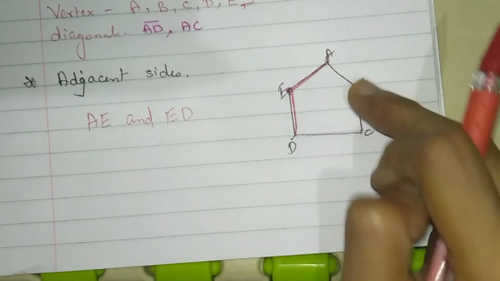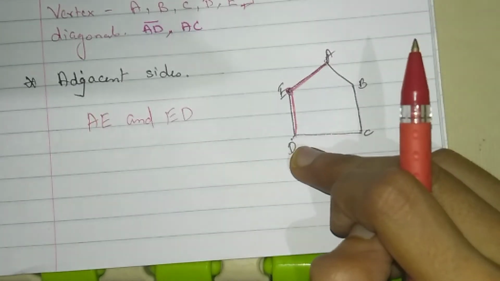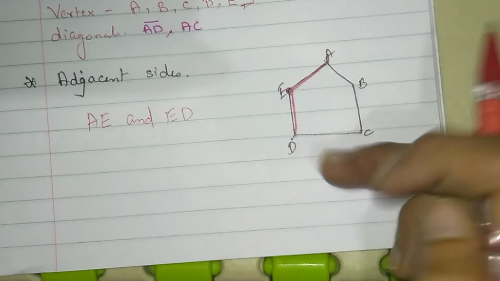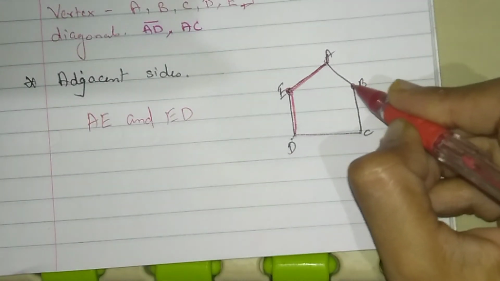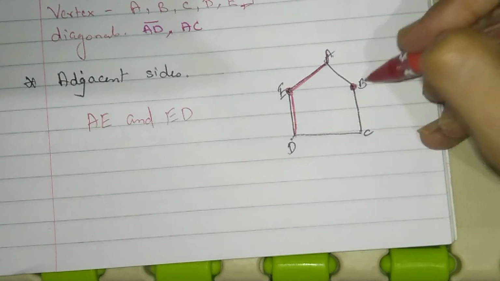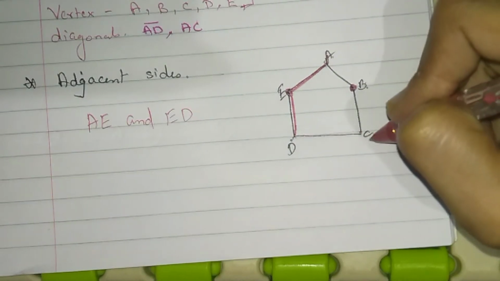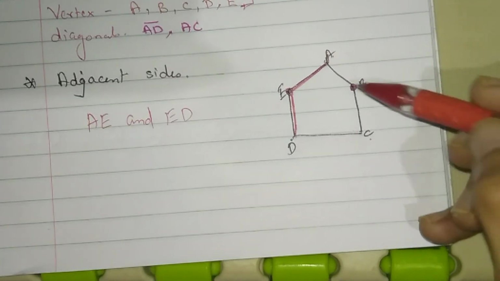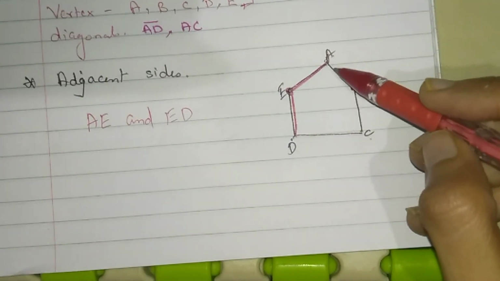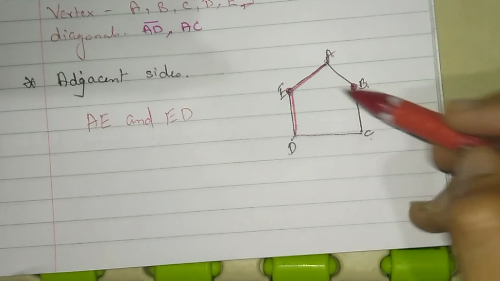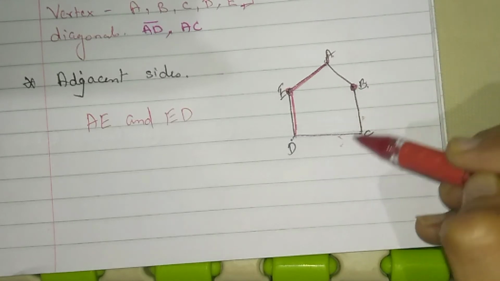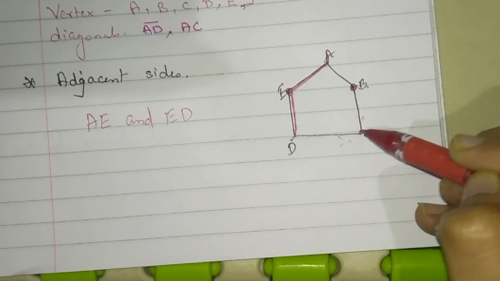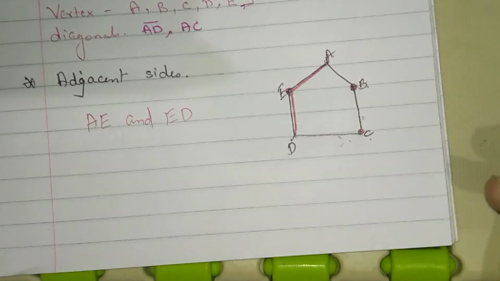So AE and ED are adjacent sides. Now I am taking point B. So AB and BC are adjacent sides. Understood what adjacent sides are? If we take any two sides with the same common point, they are called adjacent sides.